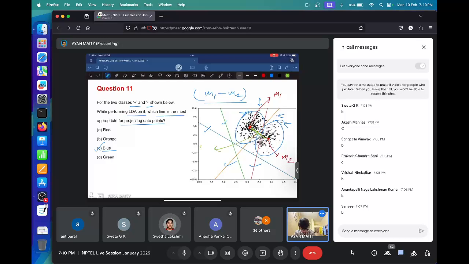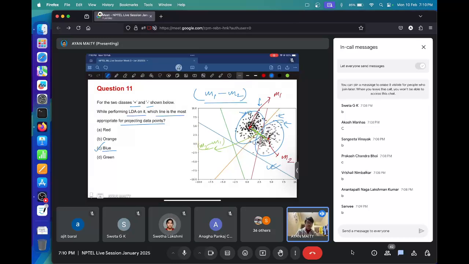This is the m2 minus m1 vector or straight line, and the projecting line will be parallel to this m2 minus m1 line, and we can see that this blue straight line is parallel to the line segment joining the two centroids.